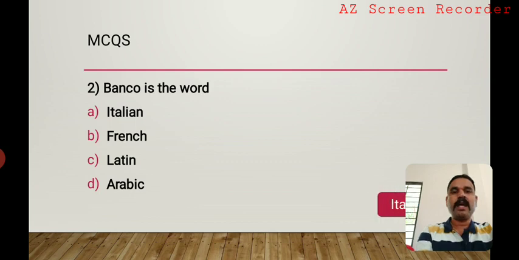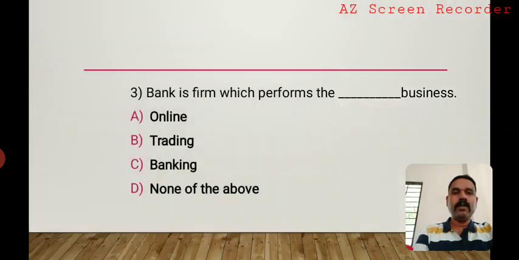So it is an Italian word. Banco is a word from Italian. Bank is a firm which performs online trading, banking, or none of the above business. So your answer is: bank is a firm which performs the banking business.